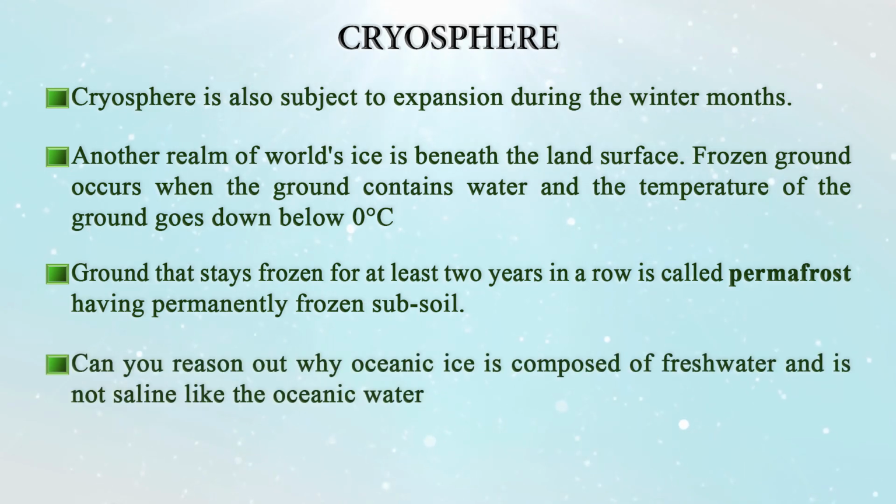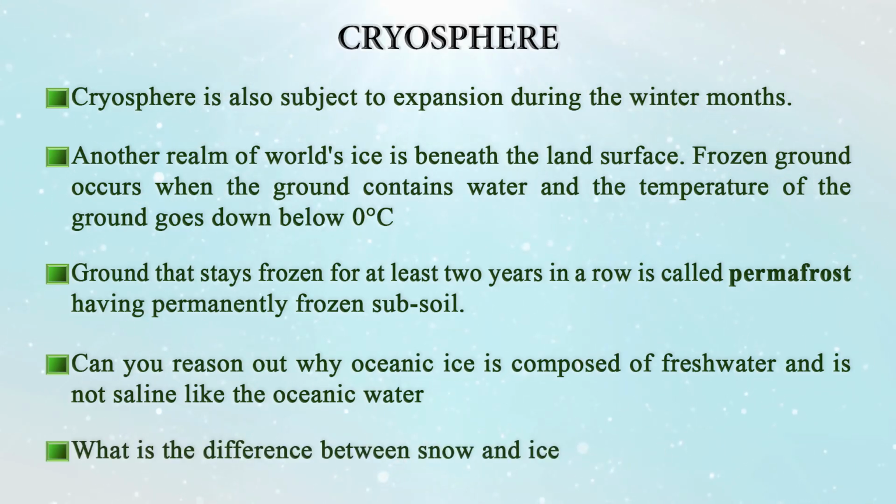Can you reason out why oceanic ice is composed of fresh water and is not saline like oceanic water? This is because oceanic ice consists of ice crystals and the freezing process of water does not incorporate the salt crystals in it. And now can you also differentiate between snow and ice?